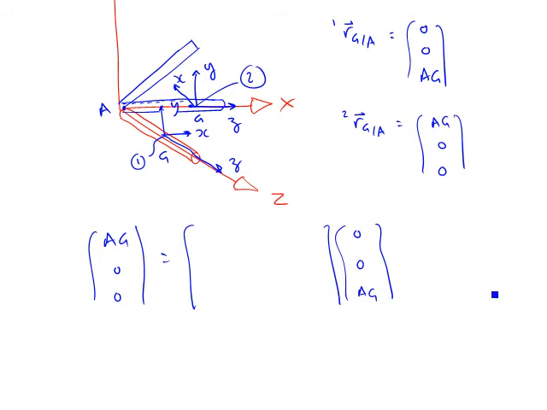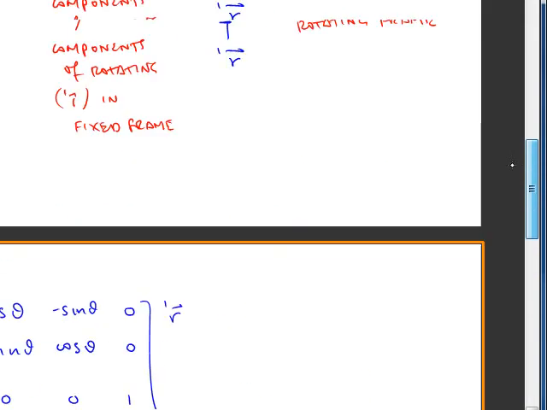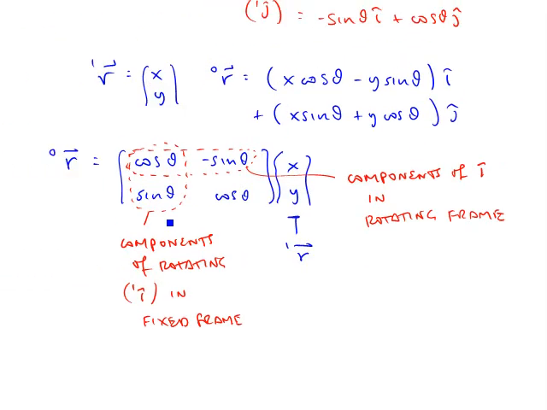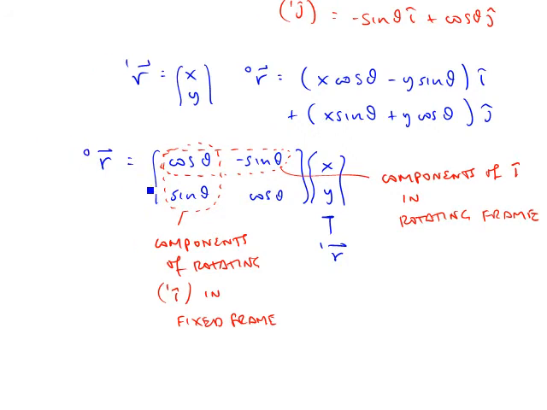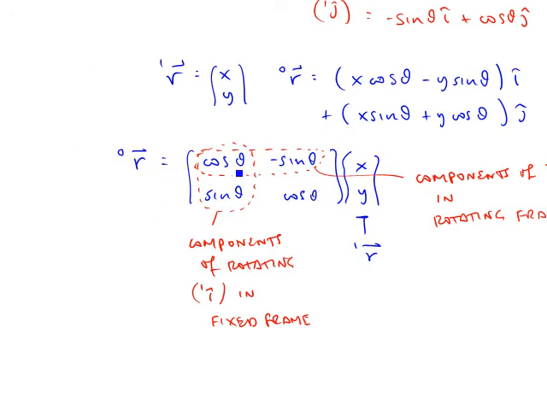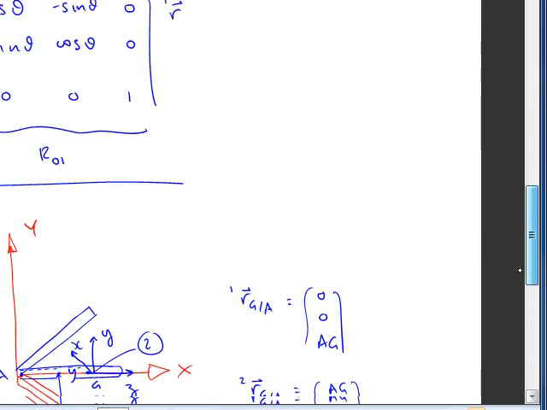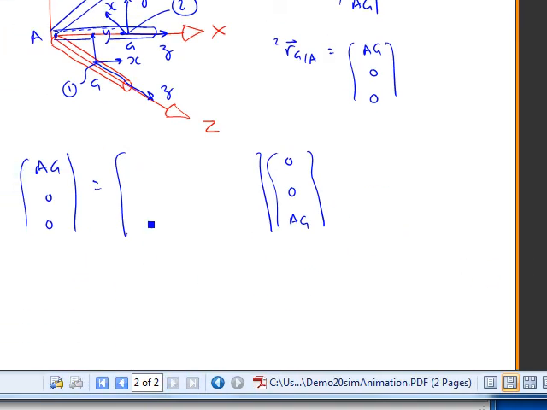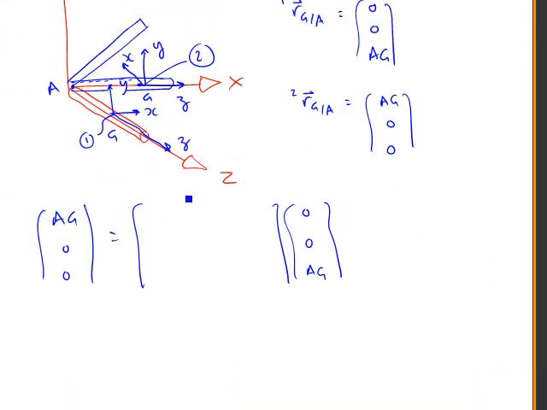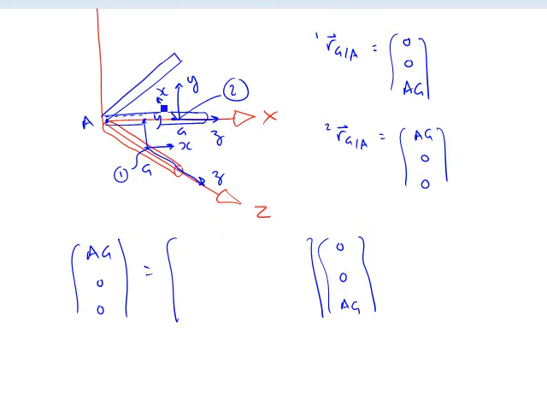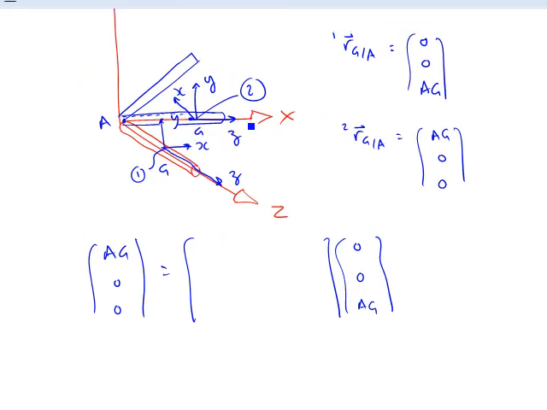Now a rotation matrix, if I go back and look at the definition of a rotation matrix from before, this was a rotation matrix from rotating frame to stationary frame. This column was the components of rotating I in fixed I. So similarly, this first column should be the components of the I vector in the inertial frame.